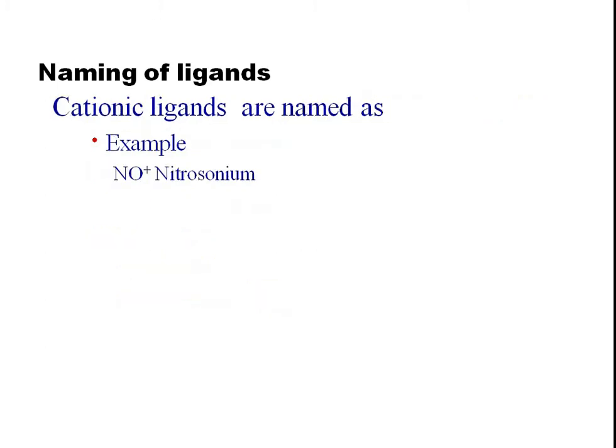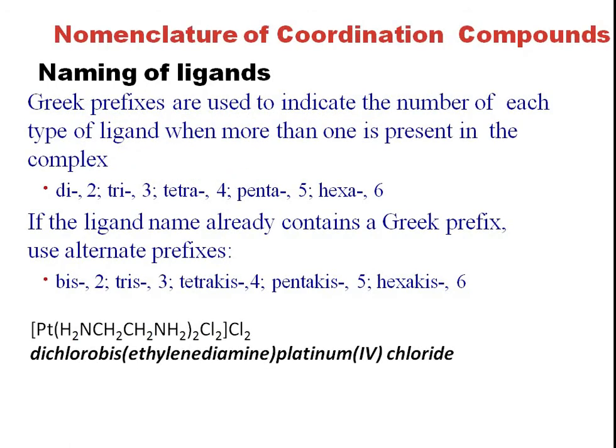Cationic ligands are named as follows. First is named as nitrosamine. If more than one ligand is present, Greek prefixes are used: di for 2 ligands, tri for 3, tetra for 4, penta for 5, and hexa for 6.